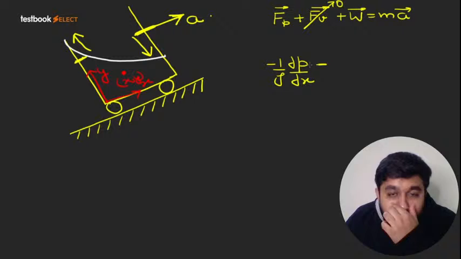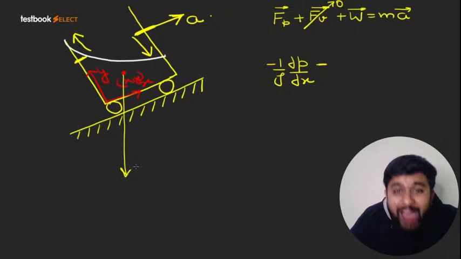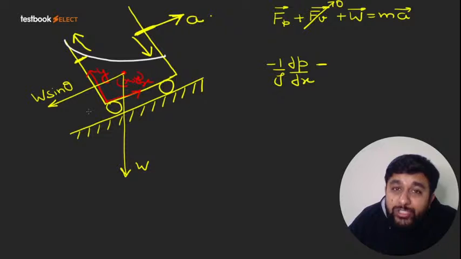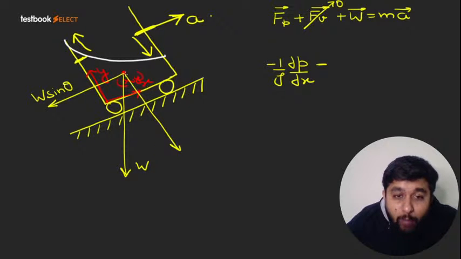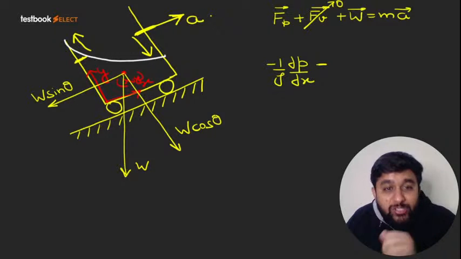Now guys, please check. For any fluid particle, the weight will act along this direction, है ना? So for the weight, there will be a component along the inclined plane, that is W sin theta, and a component perpendicular to the plane, that will be W cos theta. So mg sin theta, mg cos theta.